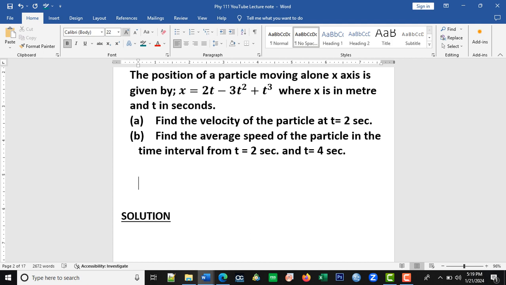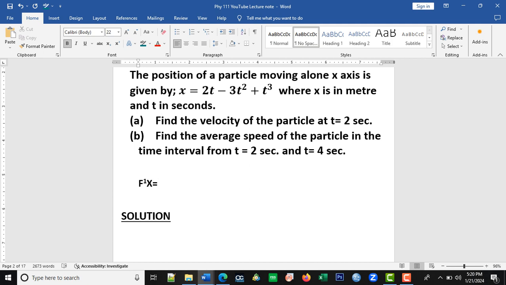See what I'm trying to say? f prime x, or x prime, you can write it this way. It depends on the nature of the book you're using, but if you see f prime x, it means the first derivative of a particle.